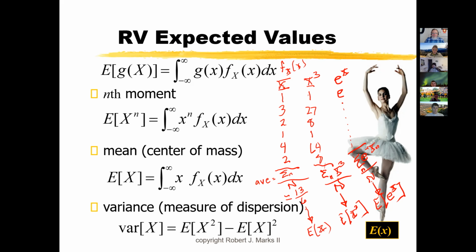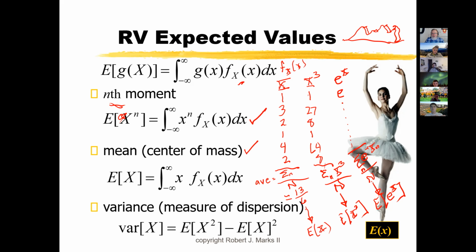One of the most commonly used moments is the expected value of x to the n, which is referred to as the nth moment, as you can see here. And the first one is the mean. Now, if you've taken a course in statics, and I don't know if they even require that anymore, it turns out that if you have a piece of wood that is cut out like this, so that's a piece of wood, okay? Trying to give it a third dimension. That wasn't very good.